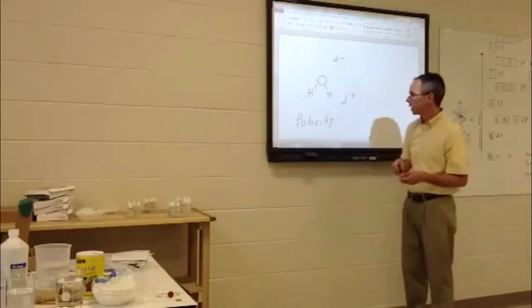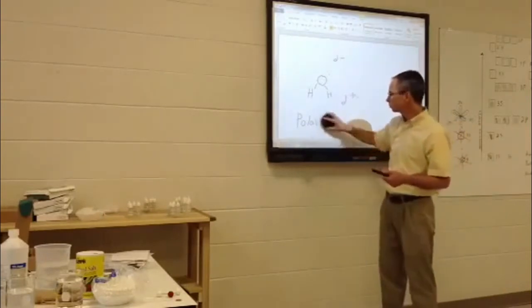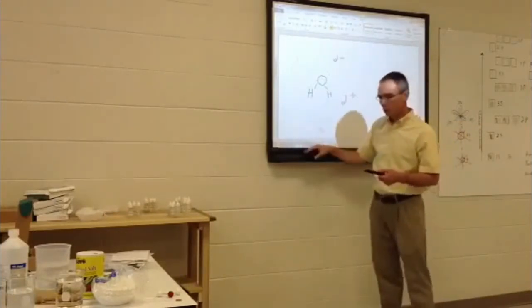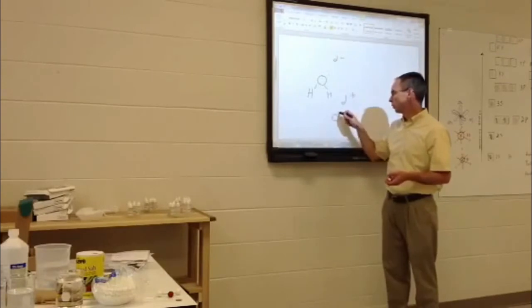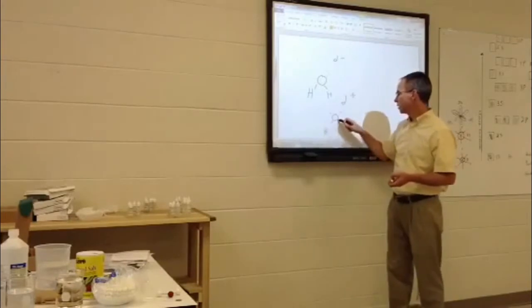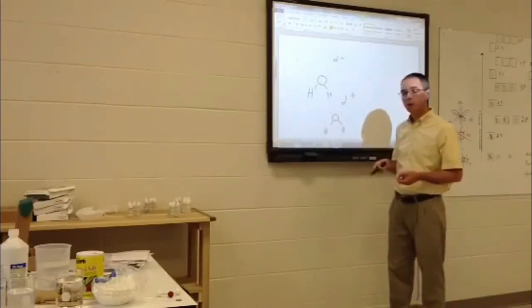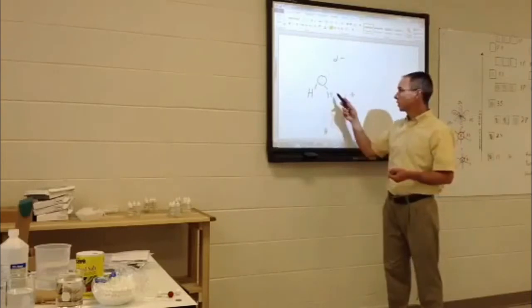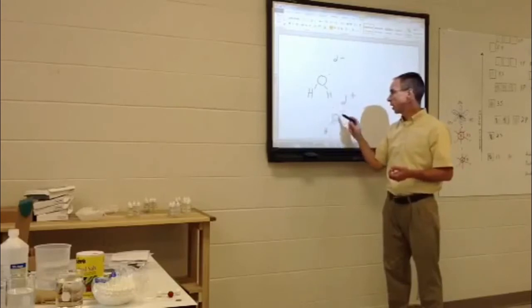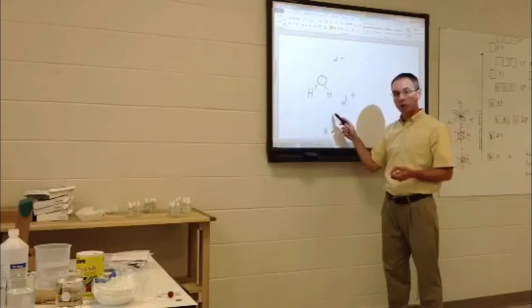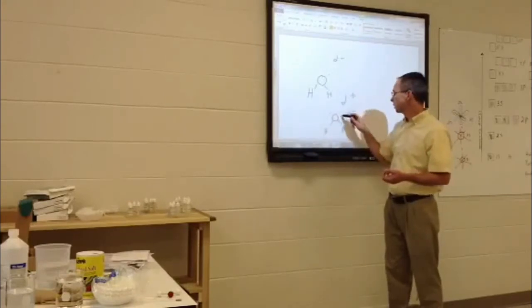Now let's talk just a minute about hydrogen bonding. Hydrogen bonding occurs when the negative side of one water molecule is attracted to the positive side of another water molecule. So I've got the hydrogen on this water molecule that has a slightly positive charge, and I've got the non-bonding pair of electrons on this water molecule that have a partially negative charge. These guys attract.